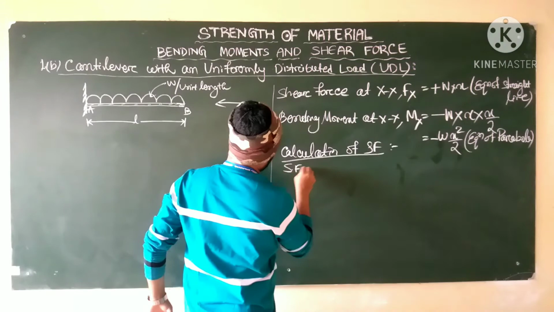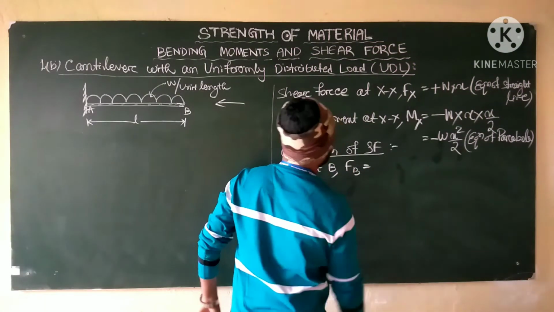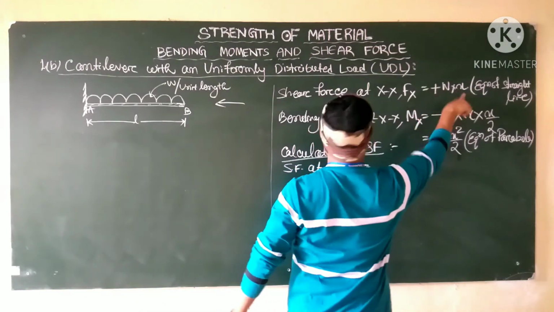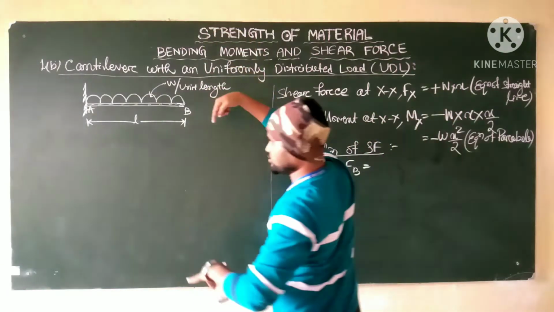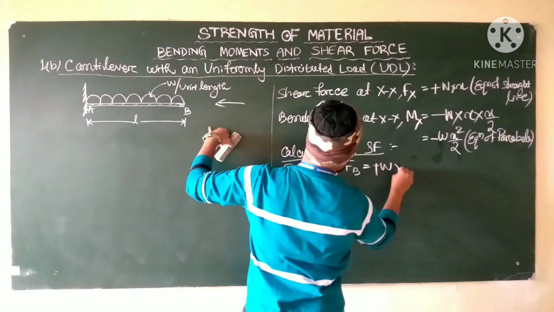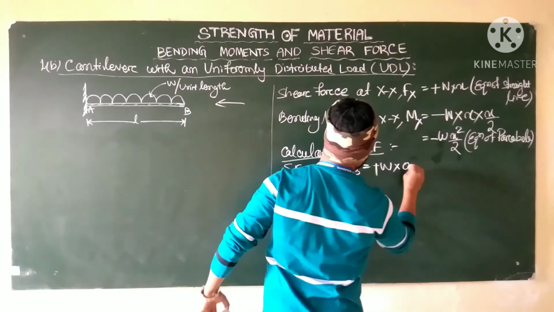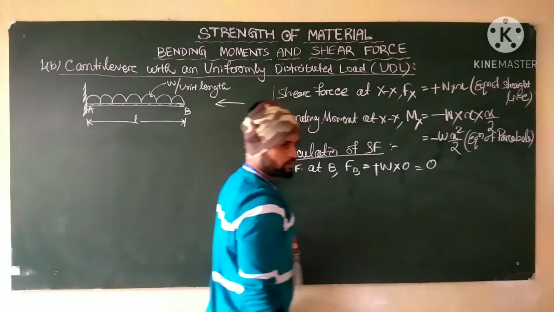So shear force at B, we can say FB equals, the formula is plus W into x. As the load acts from above to downward, plus W into, at the starting point the distance is 0, so W into 0 equals 0.